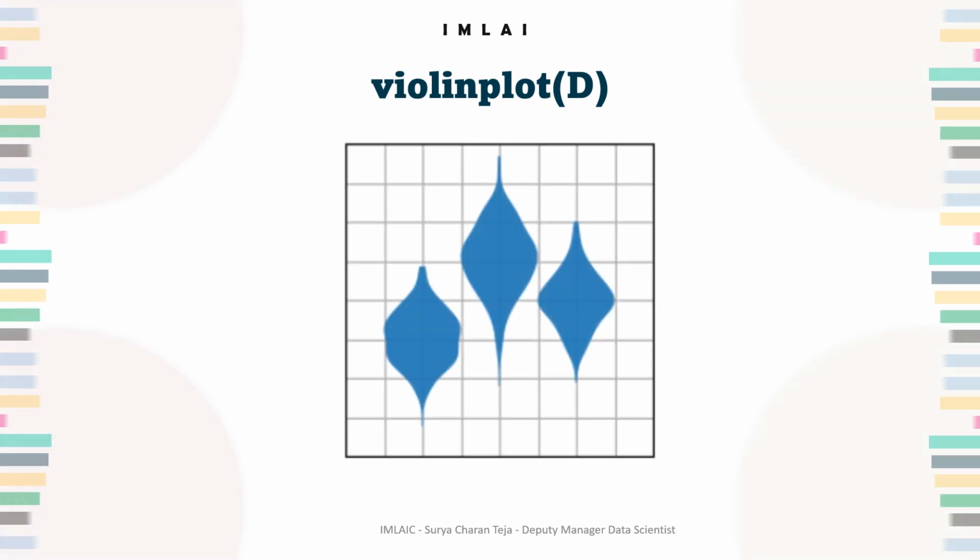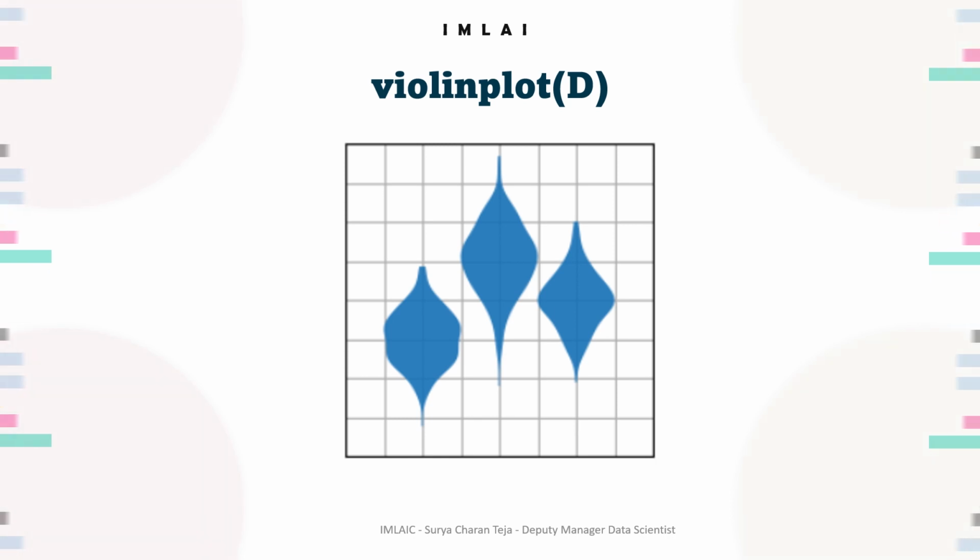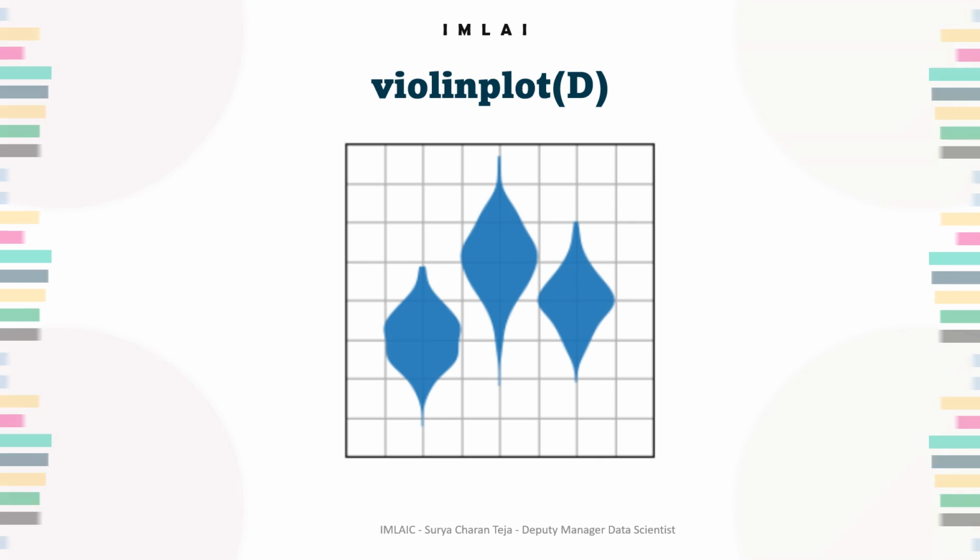So it is used to visualize the distribution of numerical data, unlike a box plot that can only show summary statistics. So violin plots depict summary statistics and the density of each variable.